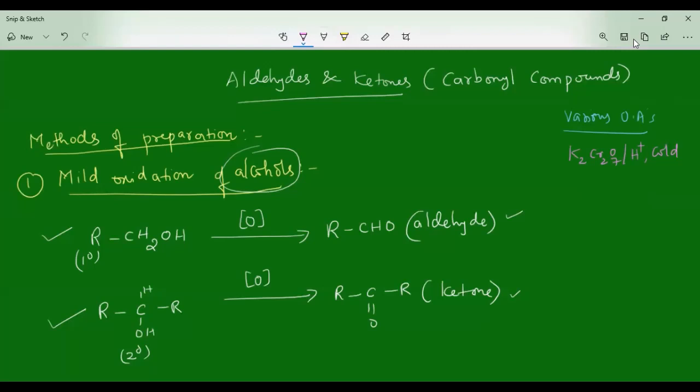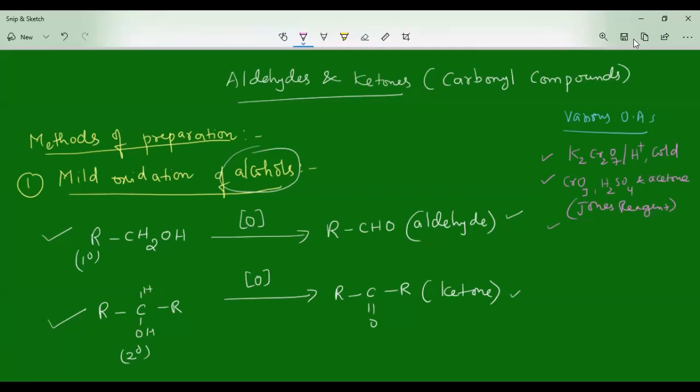Another one is called Jones reagent, that is CrO3, H2SO4 in acetone medium. This is also a possible reagent for converting alcohols into aldehydes and ketones.